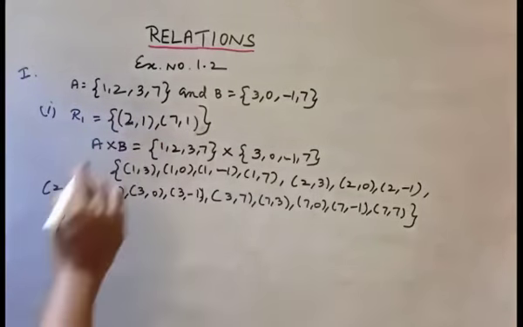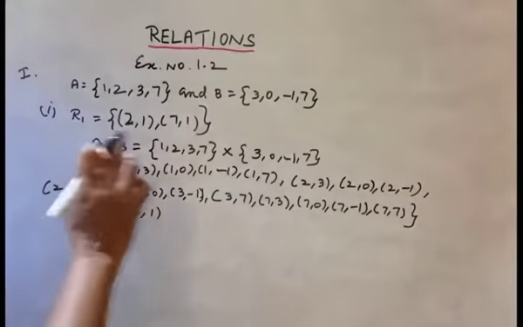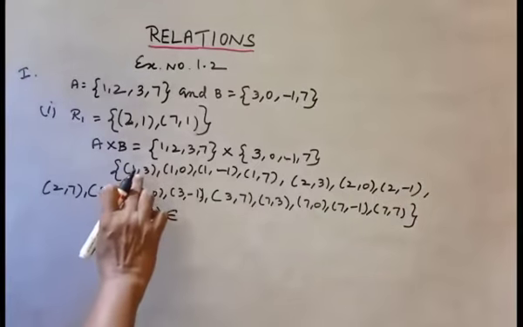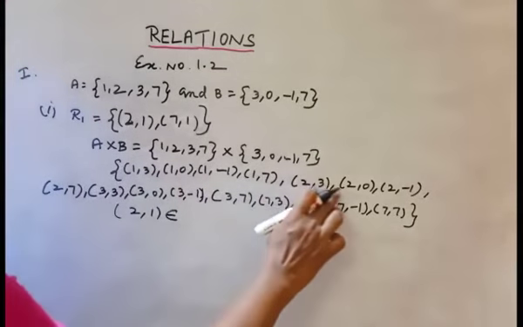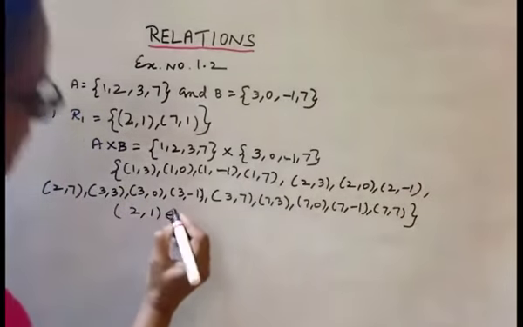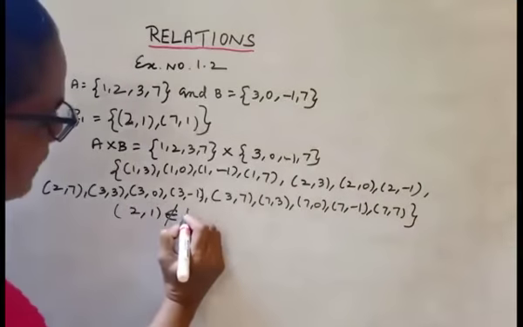Here you take the ordered pair (2, 1). Does this belong to A cross B or not? You see (2, 3), (2, 0), (2, -1) are there, but (2, 1) is not there. So (2, 1) does not belong to A cross B.